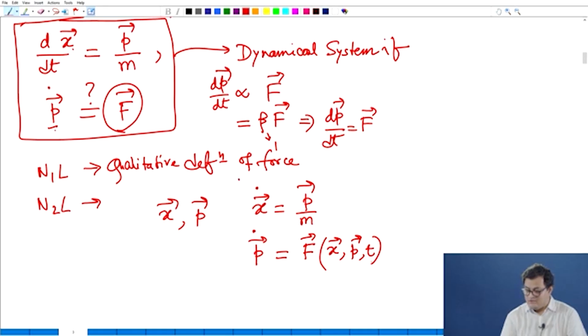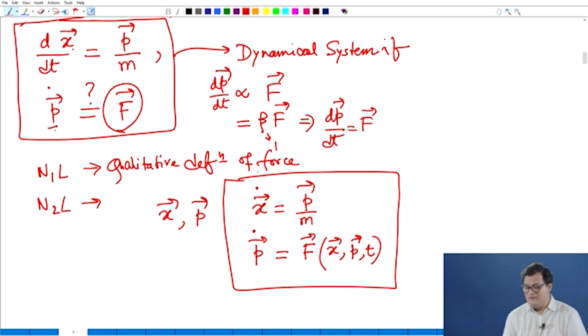So, you see this is a system of equations where you have one intrinsic independent variable, that is t, and x and p are two variables which depend on t, and may also depend on each other, and their coupled evolution equations are given by this.